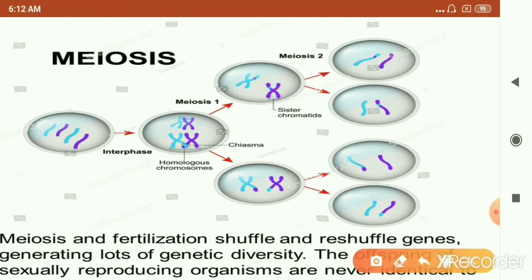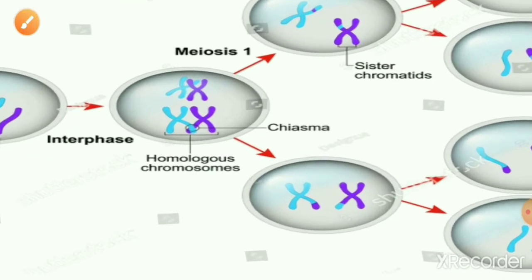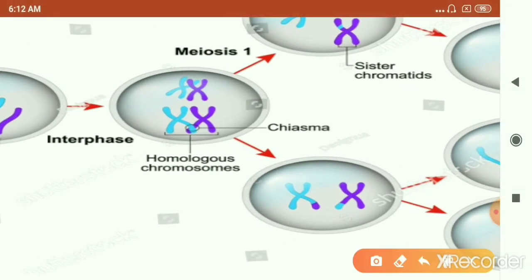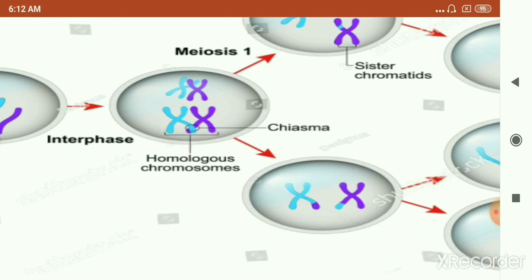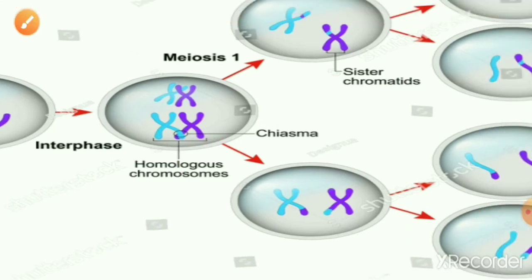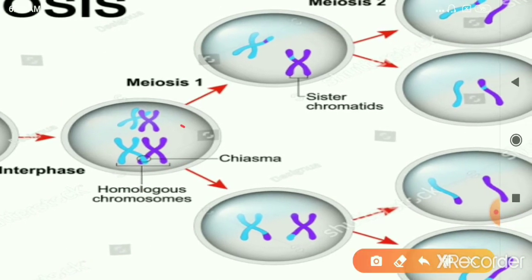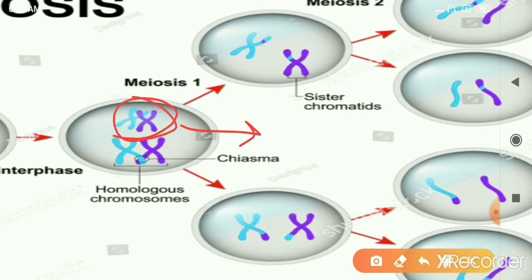And there's also an event, though it's not mentioned in your NCERT book, that occurs during gamete formation. This is called crossing over. As you can see in this diagram, of the pair of chromosomes, only one is going to go to one gamete and the other to the other gamete.